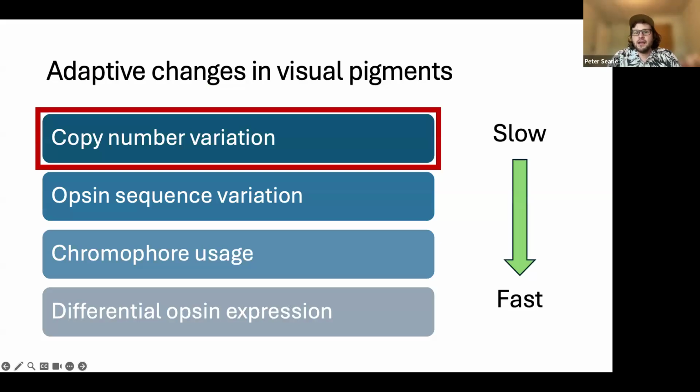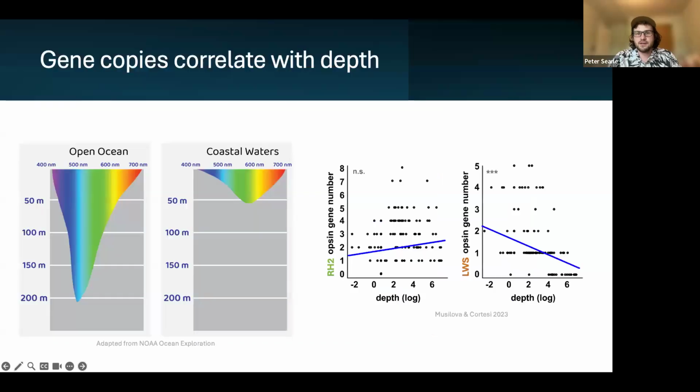So today, obviously there's lots of different levels that I could focus on, but I've just started on copy number variation, so that's what I'm going to focus on. And then the plan moving forward is to eventually look at some of these other categories. Previous work has found that copy numbers of certain opsins are correlated with depth across the tree of life.